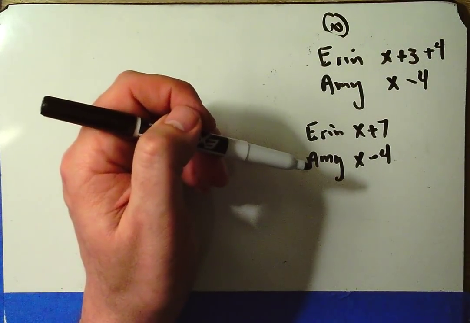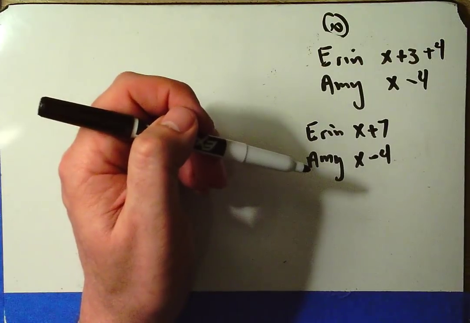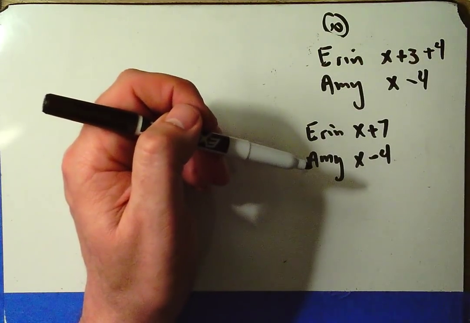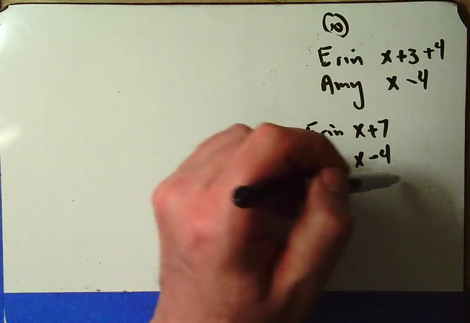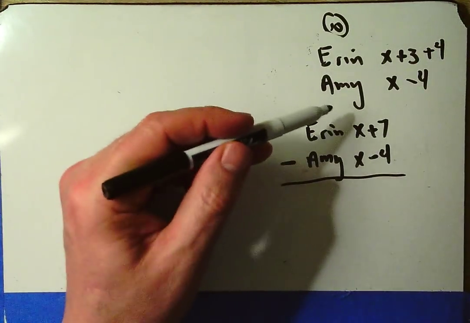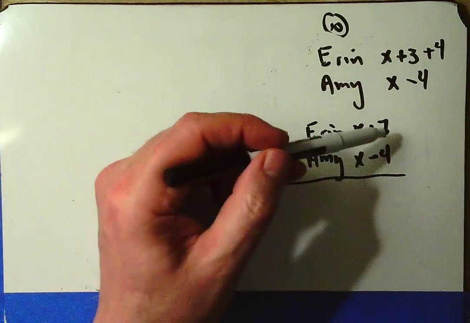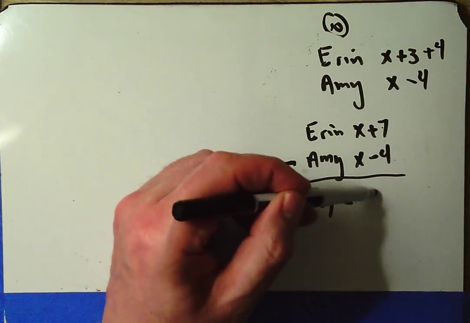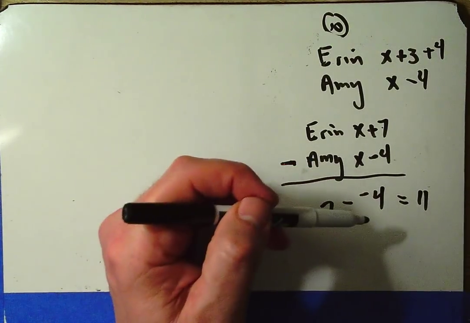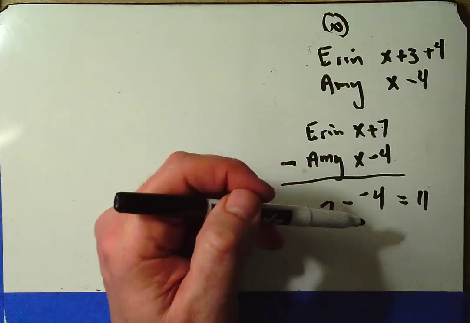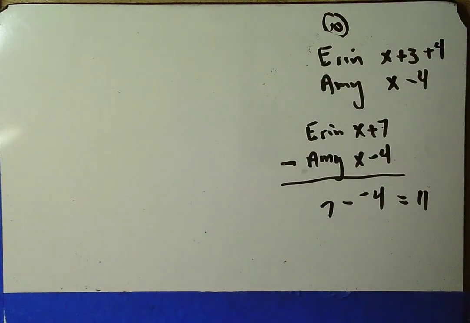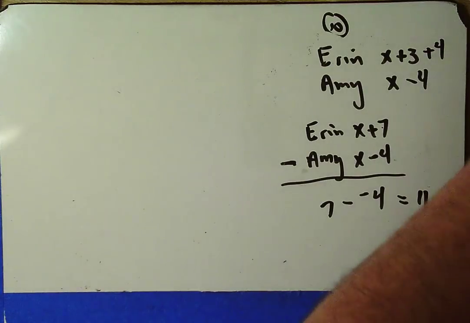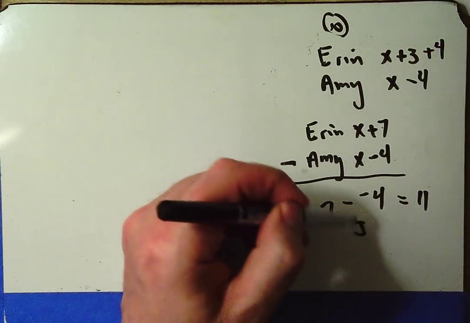Well, how many chips apart are they? And so when I subtract one of these from the other, the x's cancel, and I get 7 minus negative 4, or 11. They're 11 chips apart from each other. So I say 11 is J, and J is the answer to number 10.